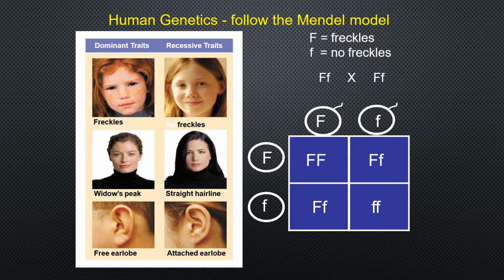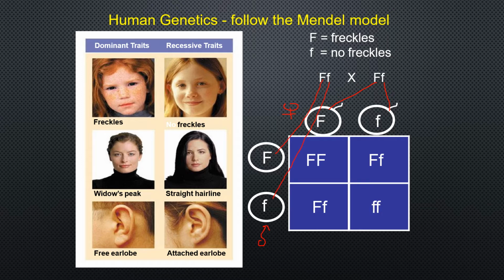Okay, so let's look at this just for freckles. Let's say mom and dad are both heterozygous for freckles. That means mom up here contributed a dominant and a recessive allele, and dad over here contributed, again, a dominant and a recessive.